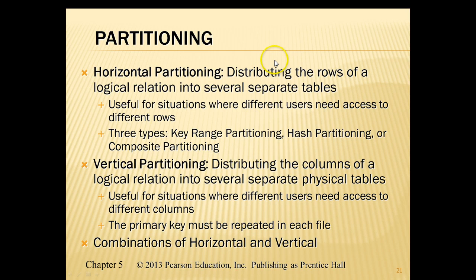So there is a horizontal partitioning and a vertical partitioning, and we'll take a look at that here in just a sec. But basically, the horizontal partitioning is a separation of rows, and that partitioning can be based on the different types of information that's going to be contained in that one relation, and separate those into more finite groups.